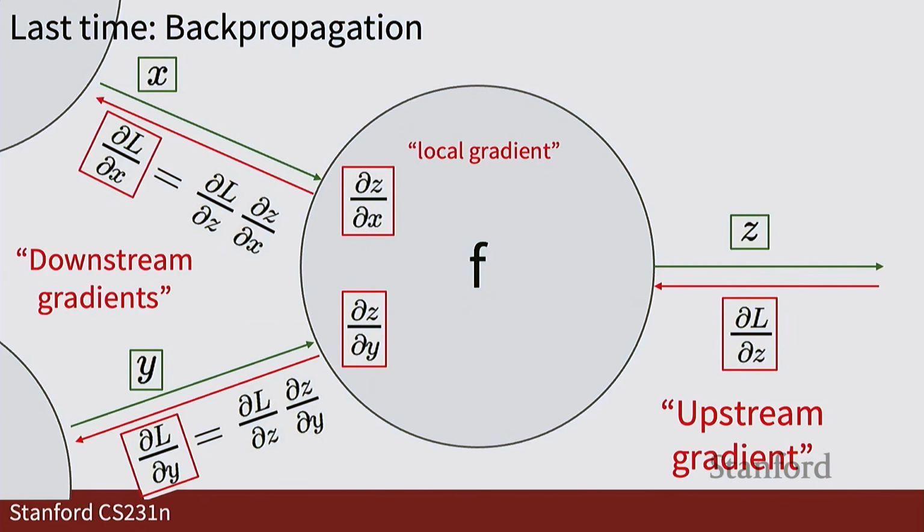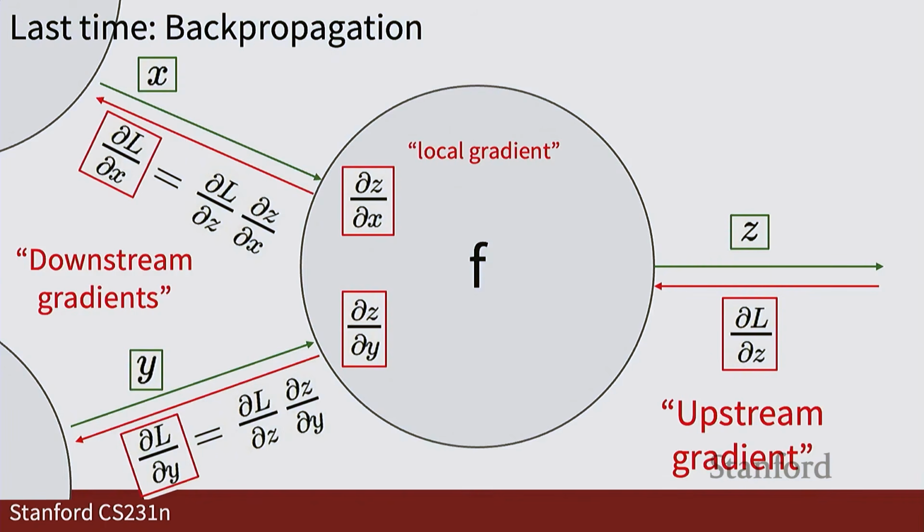And backpropagation is really cool. I think it's one of the algorithms that makes deep learning work because it takes this global problem of how do we compute the loss through this computational graph and converts it into a local problem. Now each of these nodes doesn't need to know anything about the larger context of what is the graph I'm living in, what is the problem I'm trying to solve.